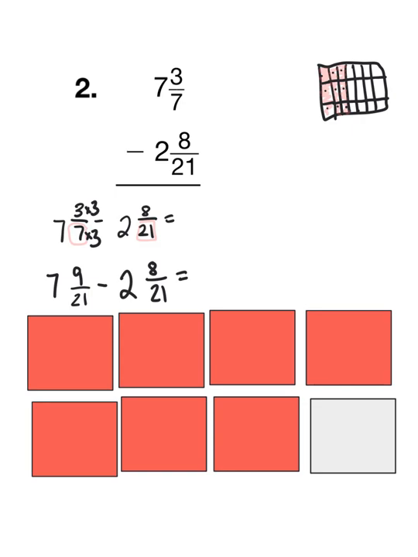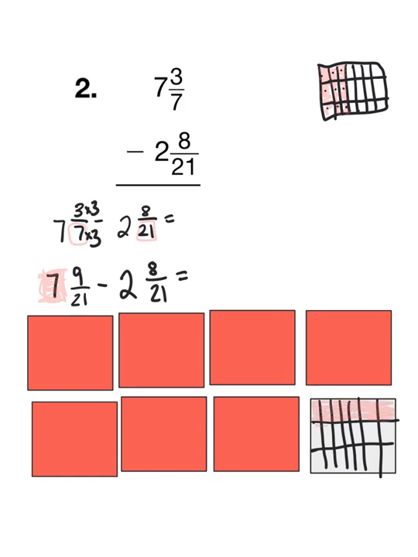Whoops. There's my 7 wholes, which is this. And then I need to cut the next one into 21 equal pieces. And shade in 9 of them.